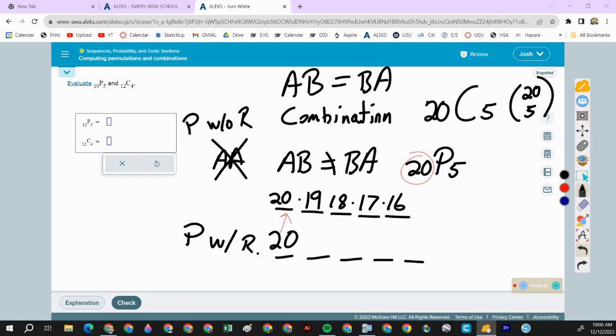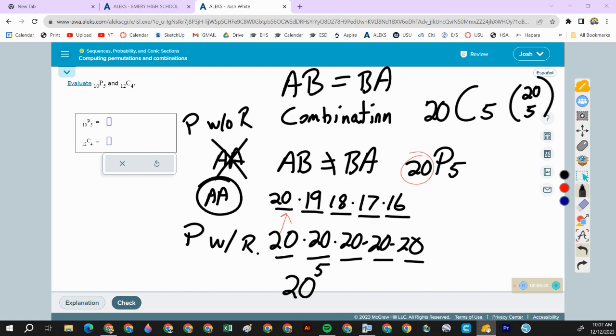What about option number 2? 20 times 20 times 20 times 20, which means that AA does exist. And there's no fancy button on the calculator. You would just do 20 to the 5th.